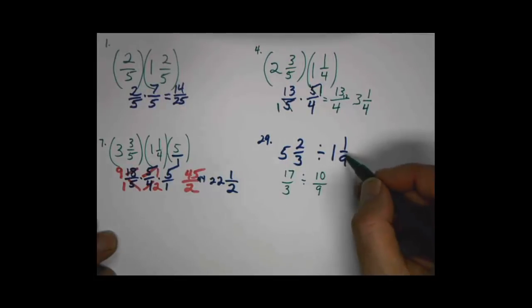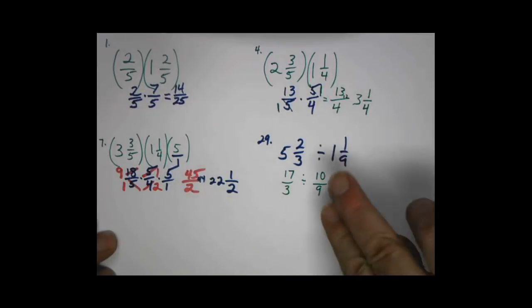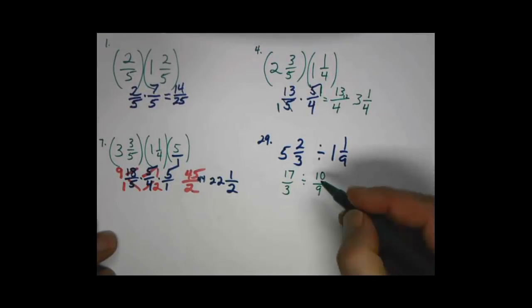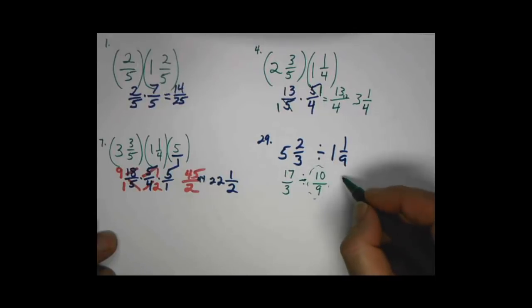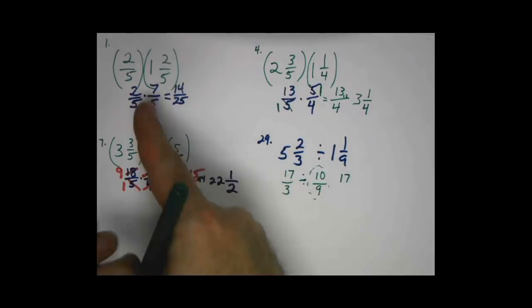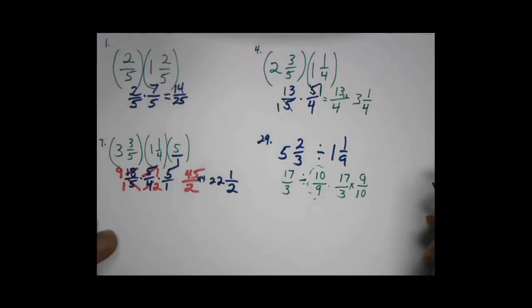All we did was make them improper. So remember, whenever we solve a division problem involving fractions, we're going to flip the number behind the division sign and make it a multiplication problem, because we've been doing those. There's nothing new there. So we have to flip this over, do the reciprocal, and make it a multiplication problem.